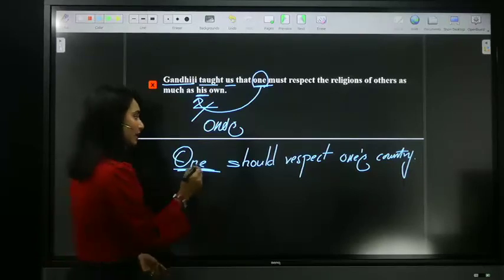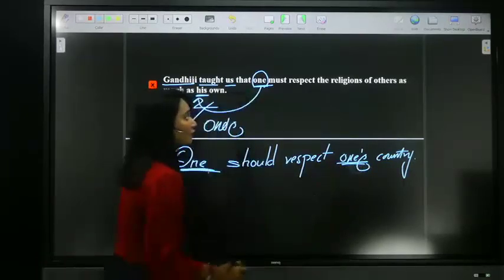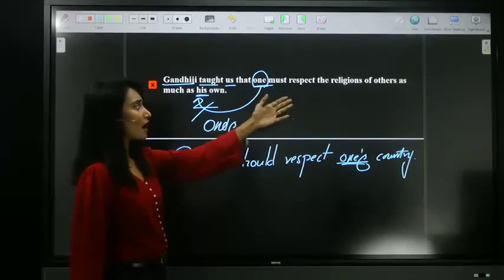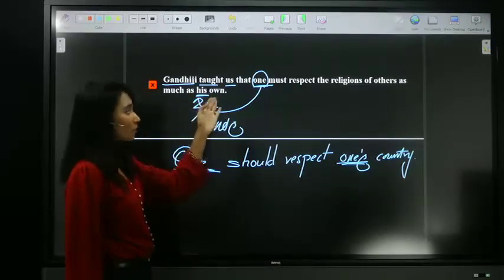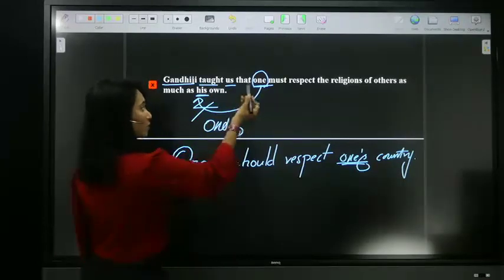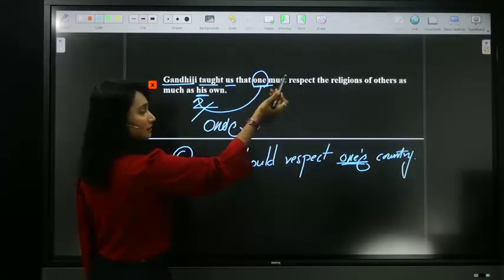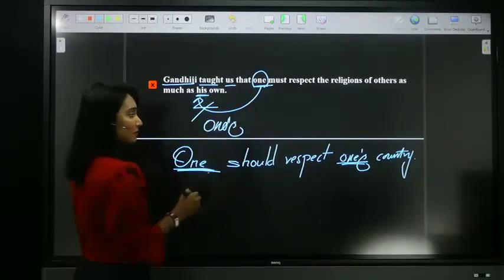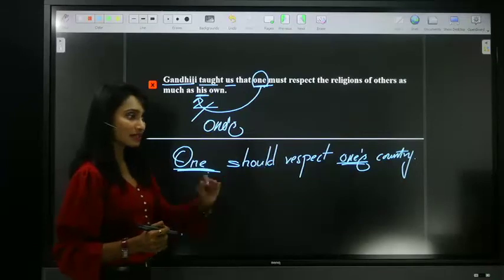Anyone or everyone. So one should respect one's country. In the same way, one must respect the religions of others as much as his own. That means here, one's own. So one must respect religion of others as much as one's own. So remember this, guys. One should respect one's country.